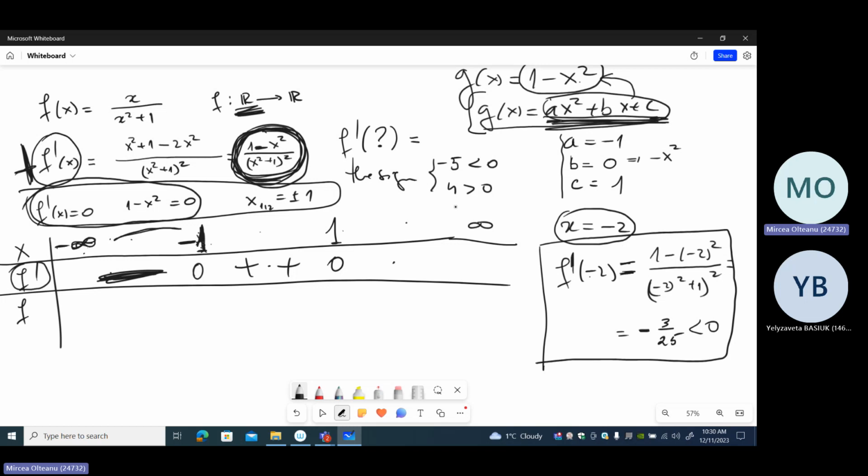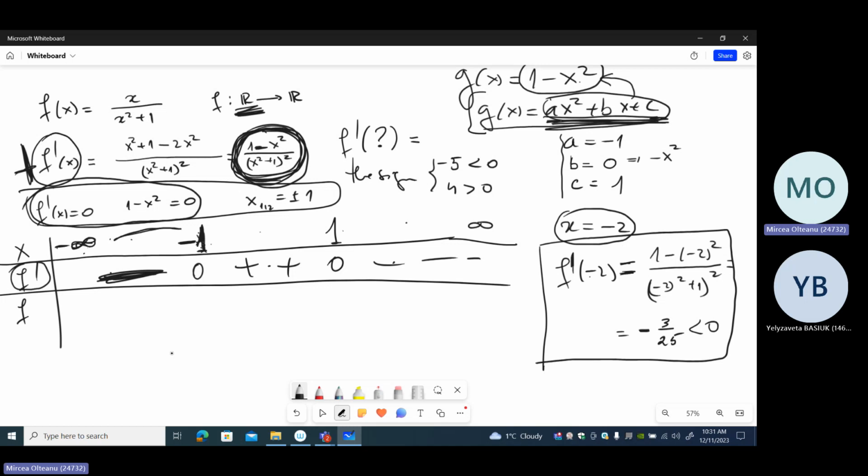So it's positive. On the interval 1 to infinity, what is the sign? Again, negative. Okay.